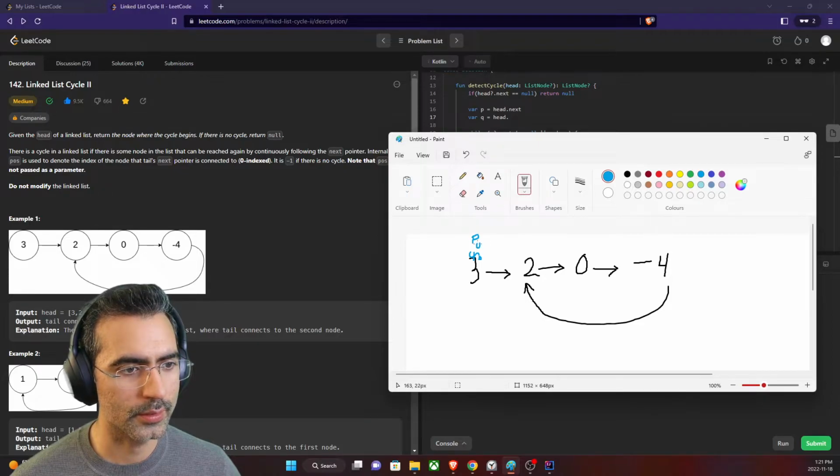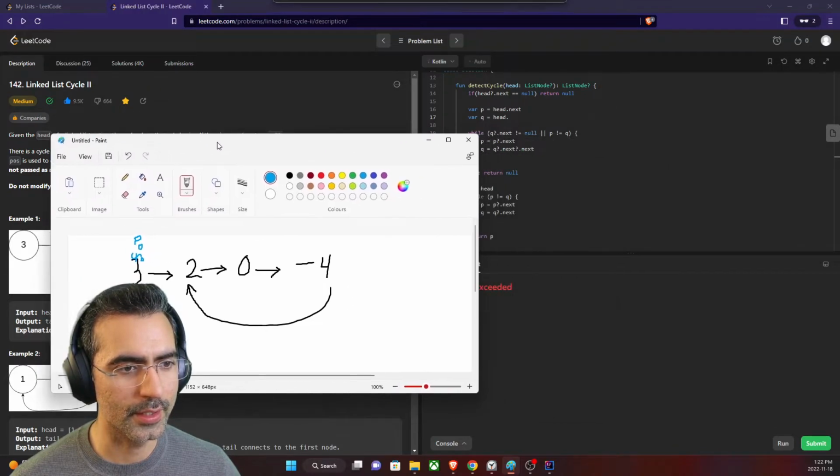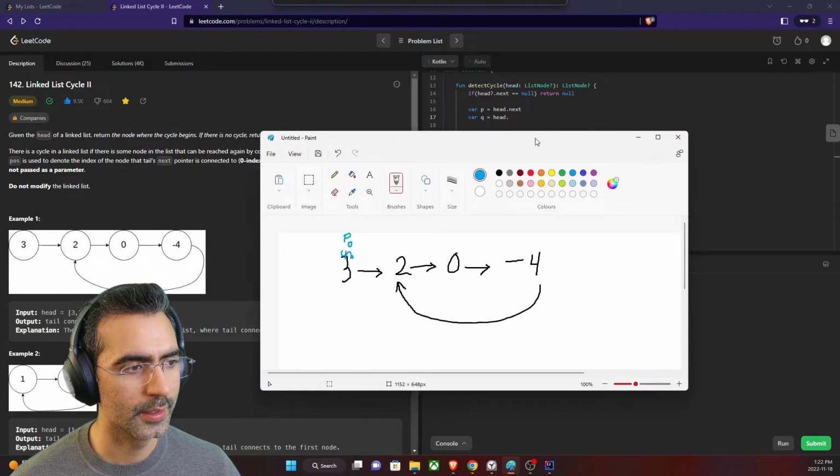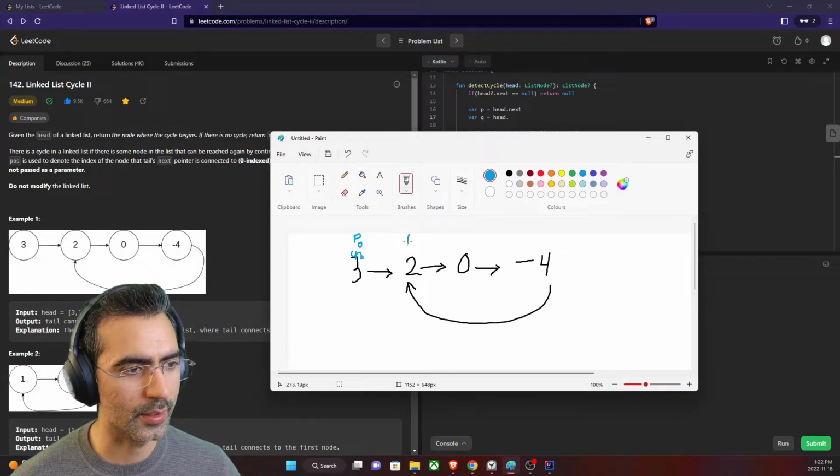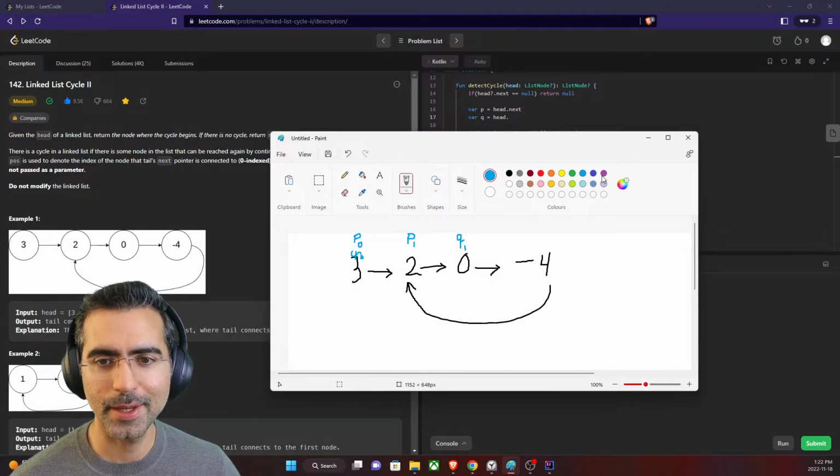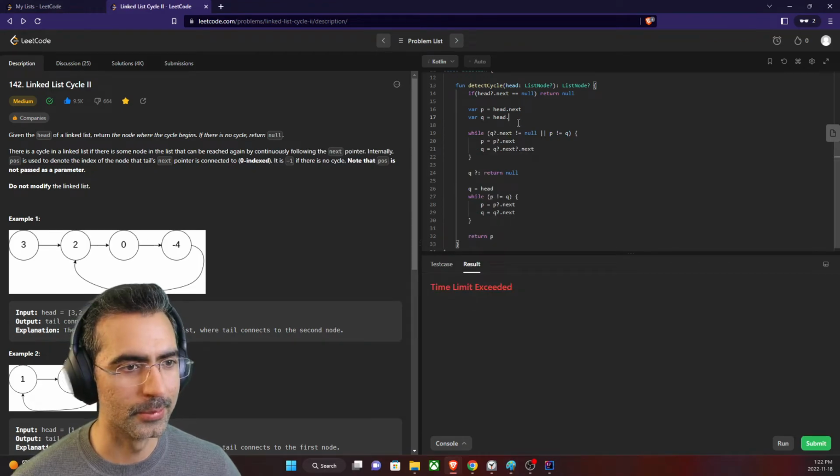Since we don't want this condition to be an issue in this loop, we're gonna start from the next step. So P1 would be here, and Q1 would be here. So this way, we would not have any problems with this loop.